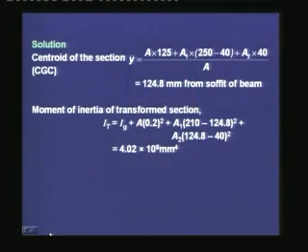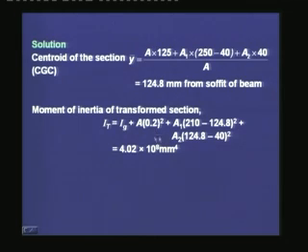The moment of inertia of the transformed section can be found out by using the principles of the parallel axis theorem, that is, we calculate first the moment of inertia of the gross section, and then we add to that the terms which are the products of the area times the shift in the centroids from the CGC of the transformed section.